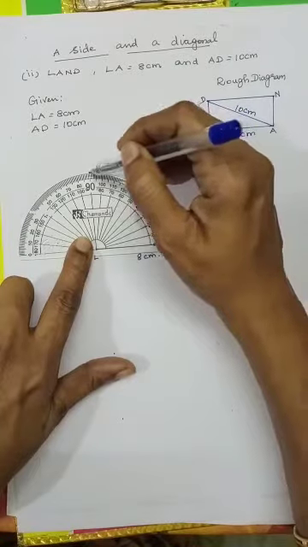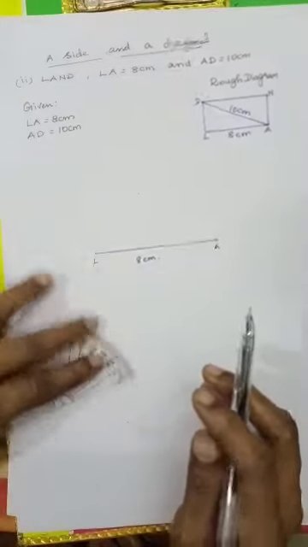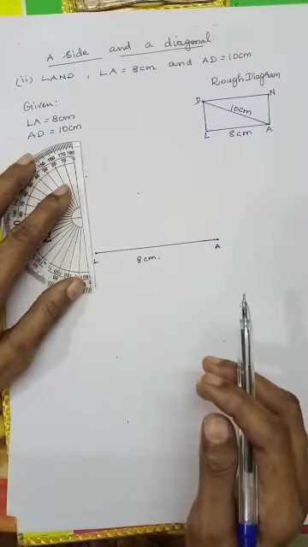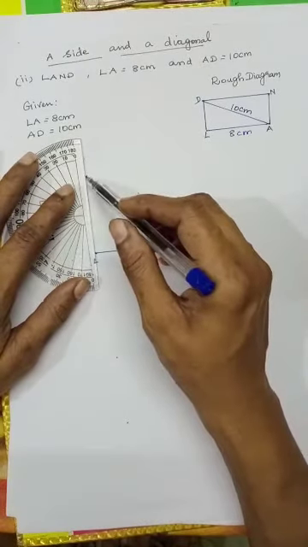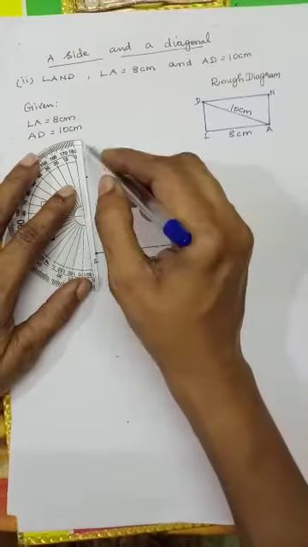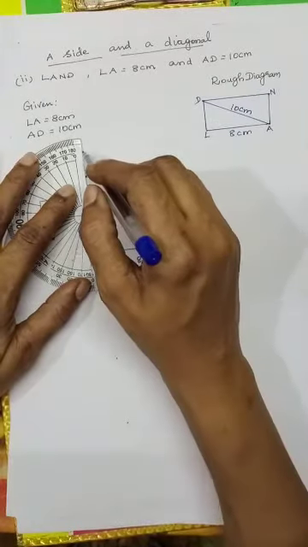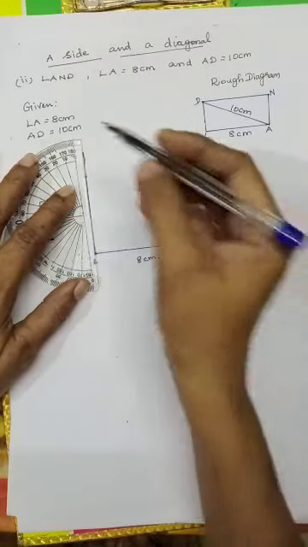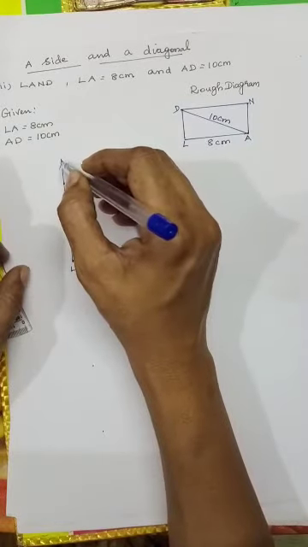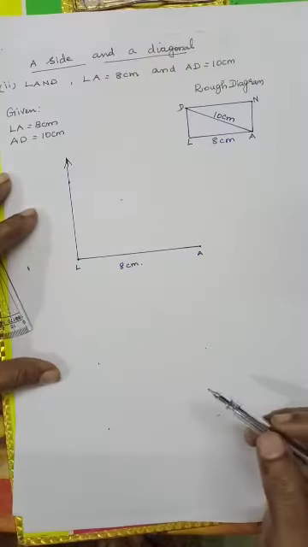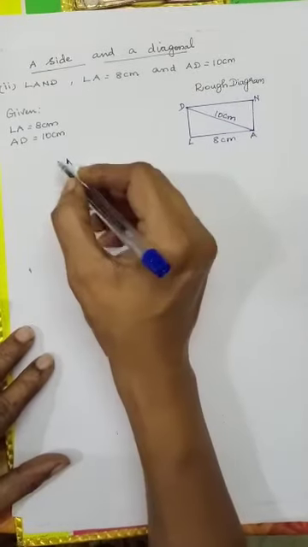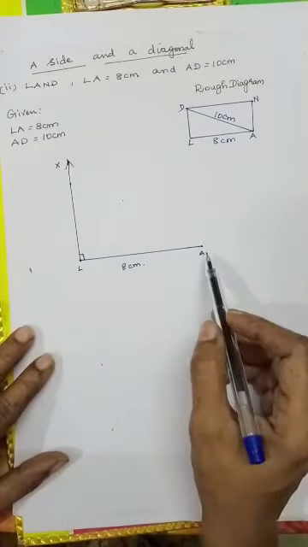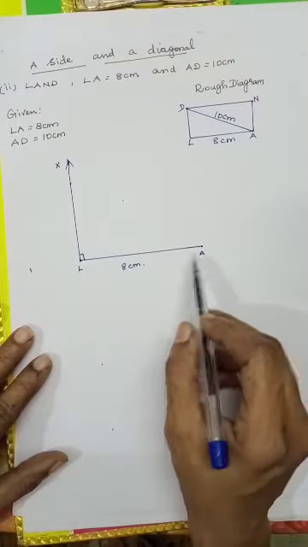Keep point and join these 2 points. Touch the point and see. And join it. The arrow mark. Here it is the perpendicular line. LX is perpendicular to LA.